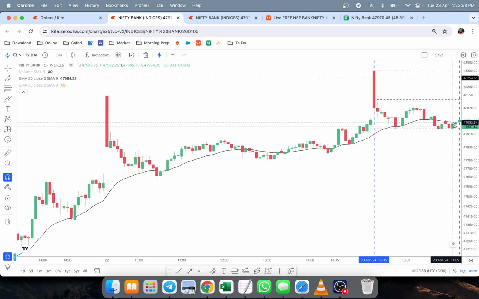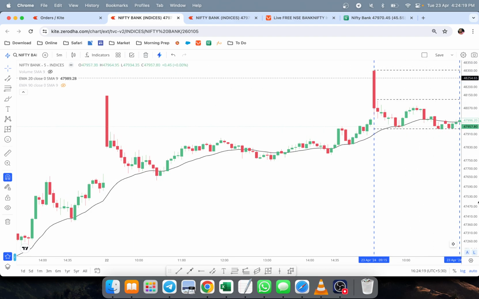If both of these conditions are met, that the price is within this range and near the moving average, we can assume with a high level of probability that the rest of the trading day will be a sideways trading day.